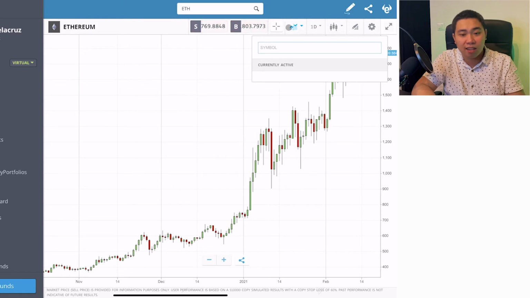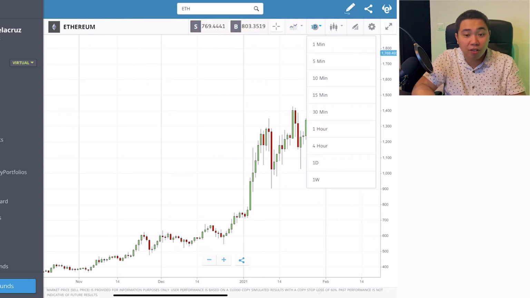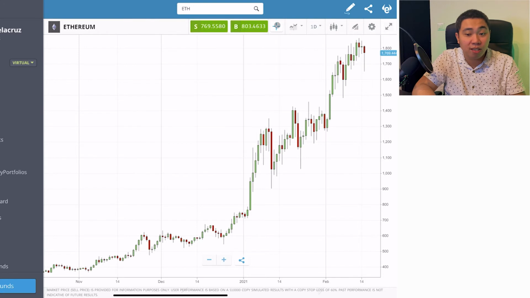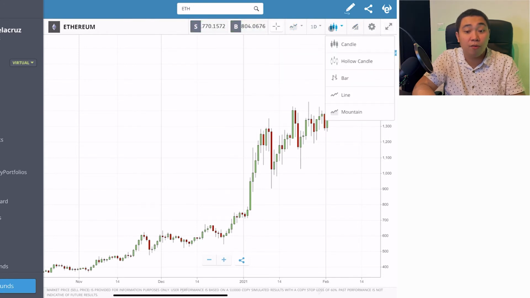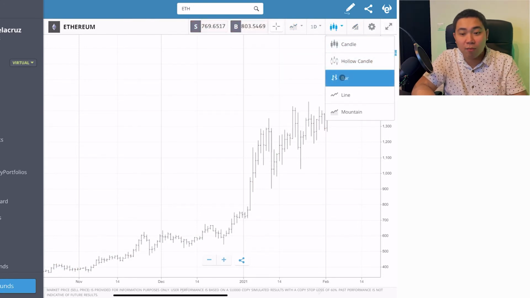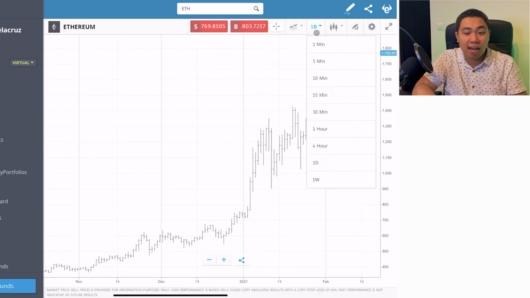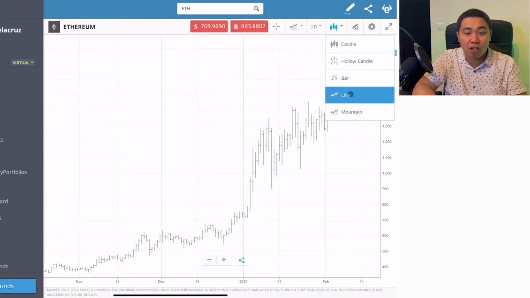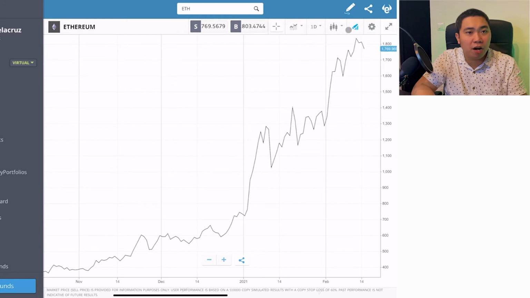I can select the different time periods. I can even add in more symbols, change the type of the chart that I'm looking at, and even add a few more lines, or maybe try to play around with the pro chart to see what suits you best.